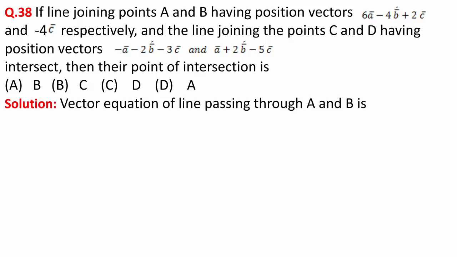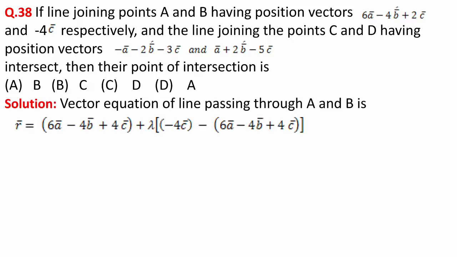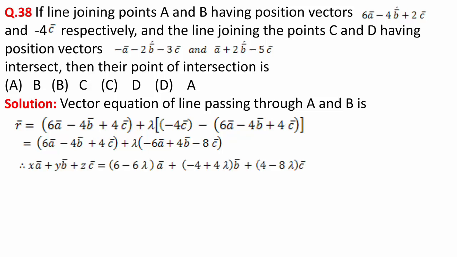Vector equation of the line passing through AB is r bar equal to 6a minus 4b plus 4c plus lambda times (minus 4c minus (6a minus 4b plus 4c)), which is nothing but 6a minus 4b plus 4c plus lambda times (minus 6a plus 4b minus 8c).